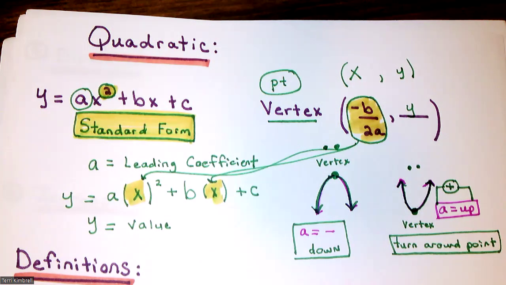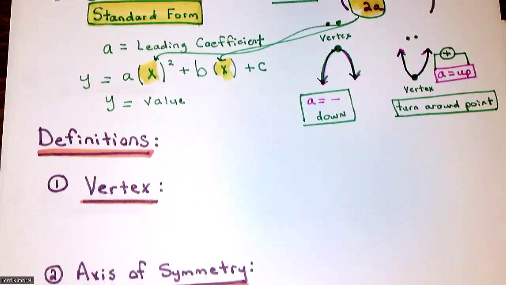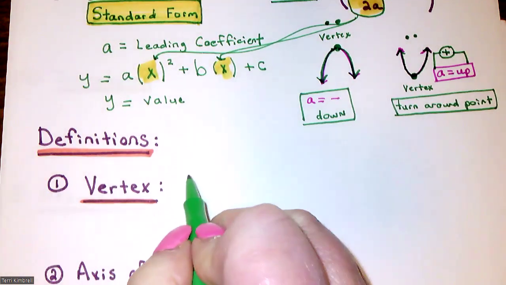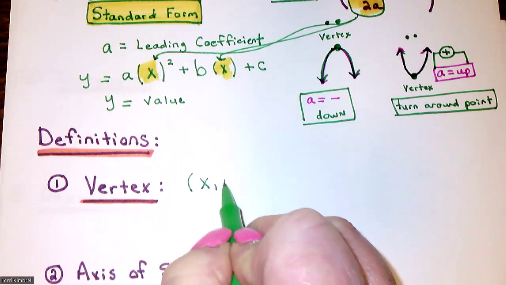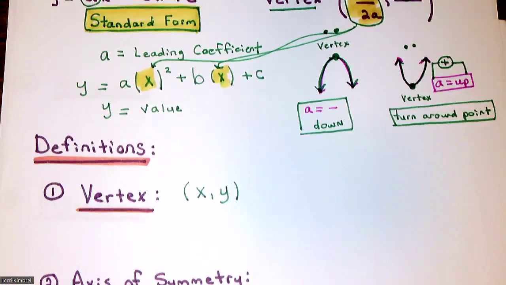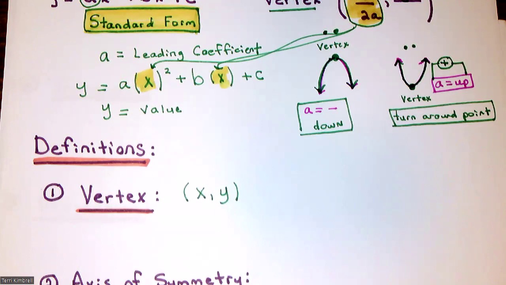Okay, so let's think of some definitions. First of all, we went over vertex. It's going to be an ordered pair. It's going to either be your highest point on the graph or your lowest point on the graph.